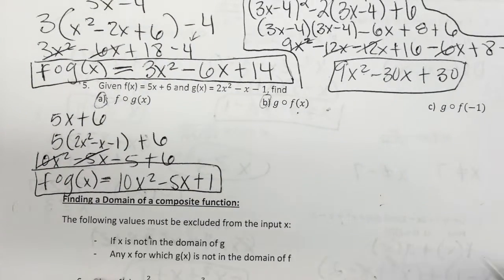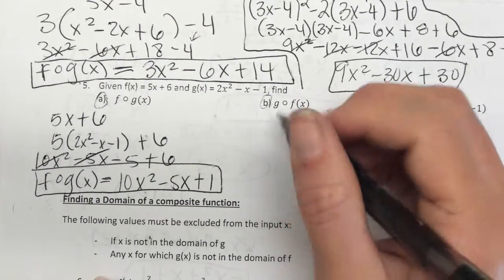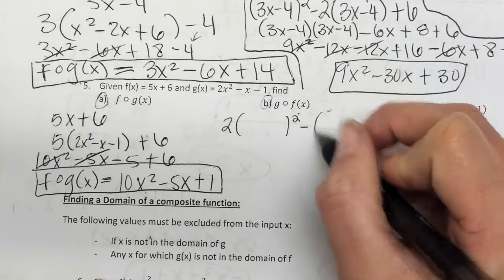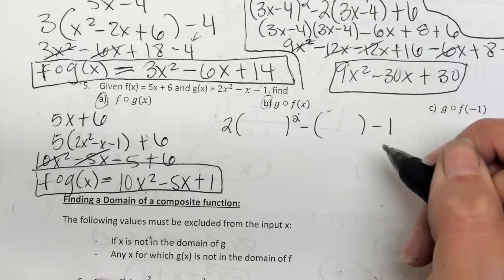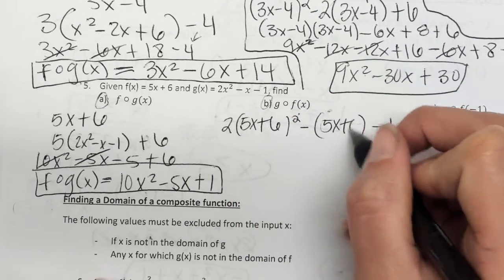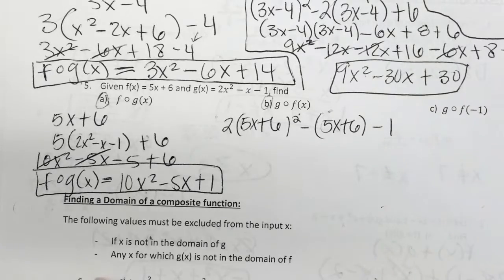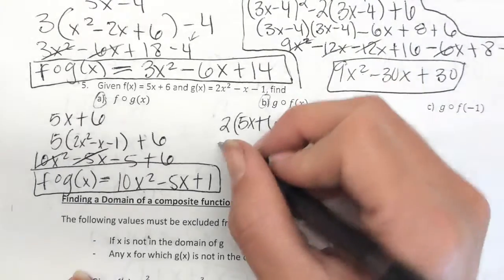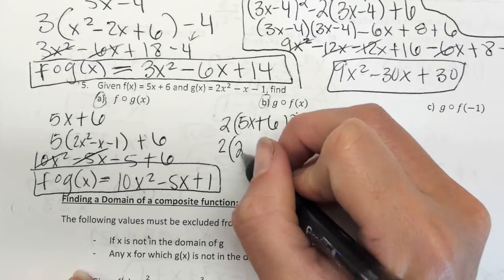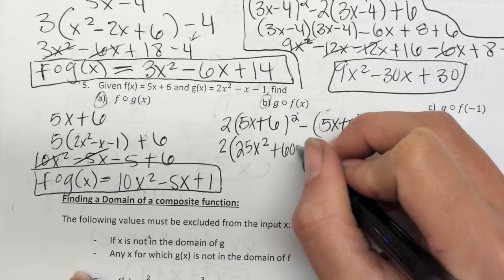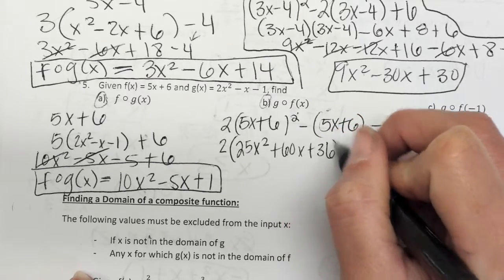Okay. For this one, G of F, I'm going to rewrite this function. Instead of all the x's, you replace them with 5x plus 6. Alright, I'm going to fold 5x plus 6 first before I multiply by 2. So that'll give me 25x squared plus 60x plus 36.